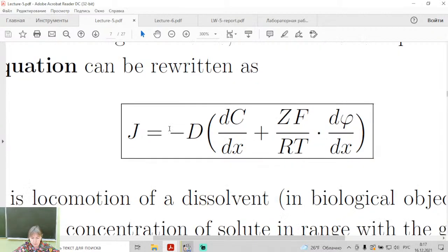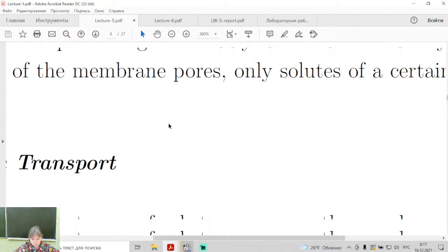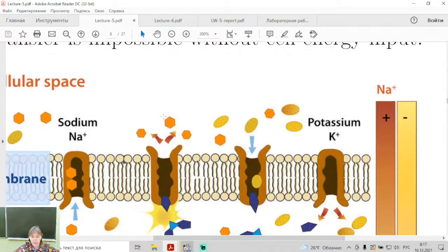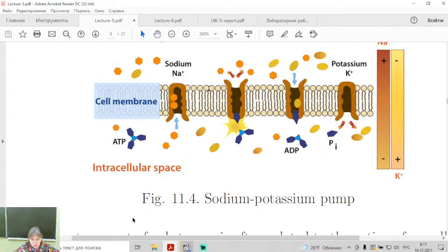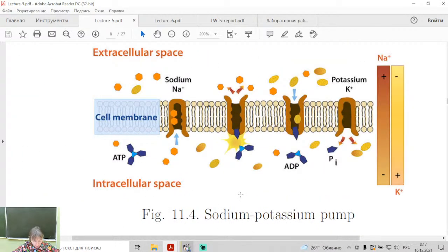And look at this picture. Active transport of substances, unlike passive transport, is the transfer of substances across the membrane against the concentration gradient, from the field where the substance concentration is less to the field where it is higher.